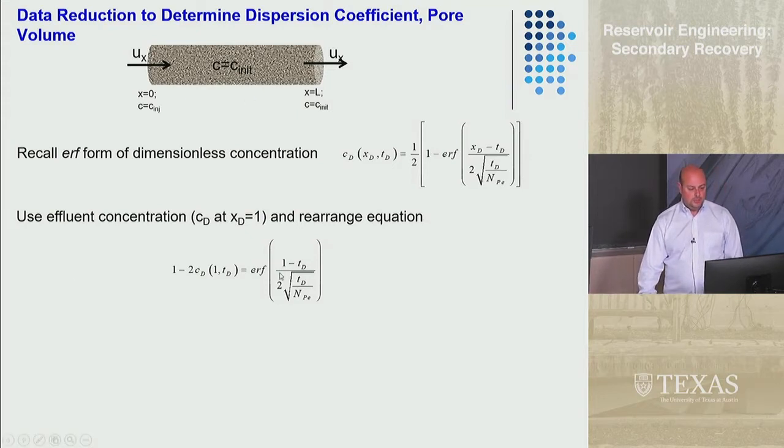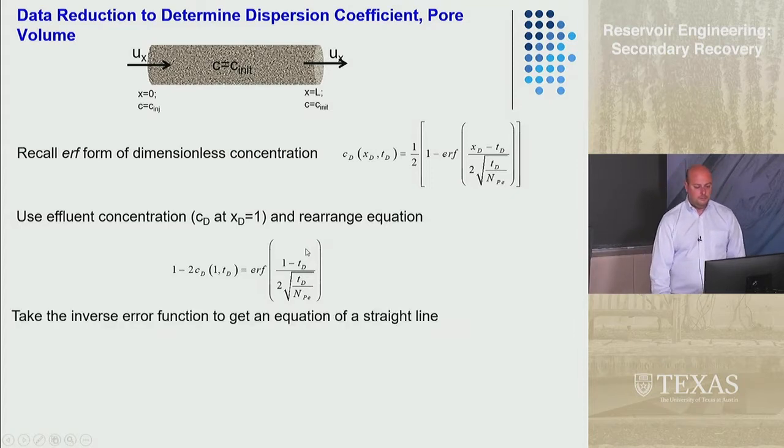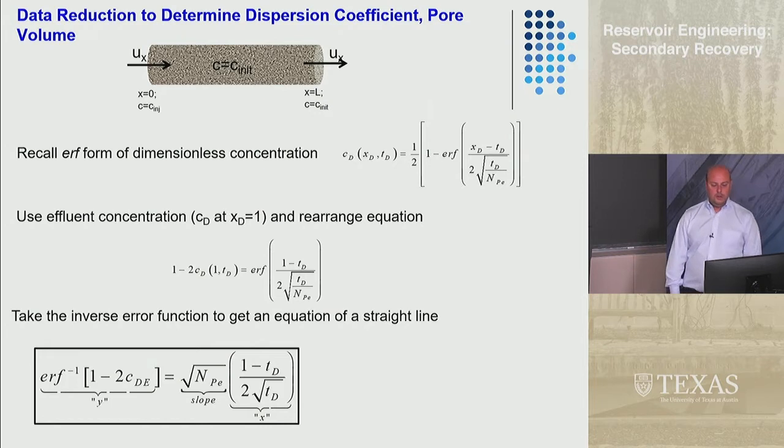And so x_D is just 1, x over L is 1. So 1 minus 2 times the concentration at the exit is equal to this. And then you can take the inverse error function of both sides, and you get an equation like this.